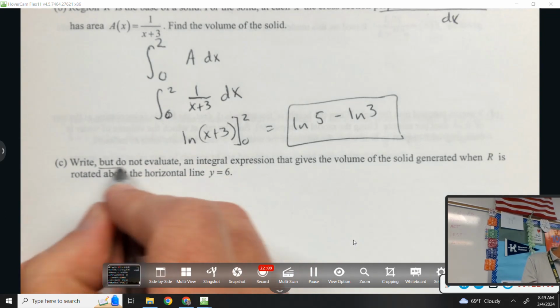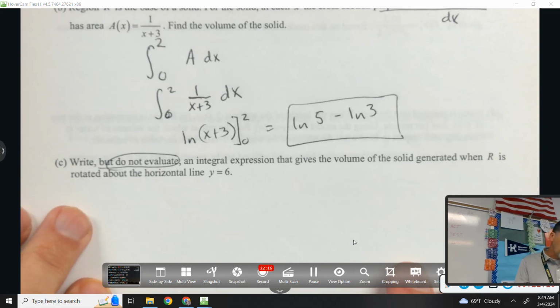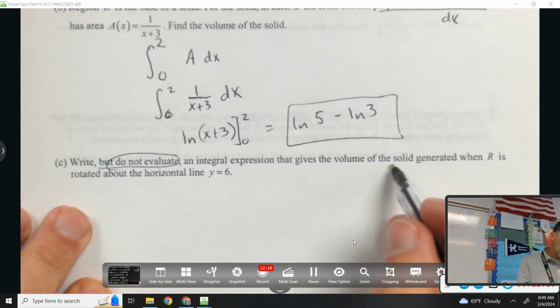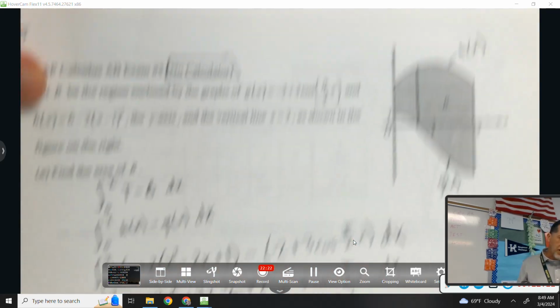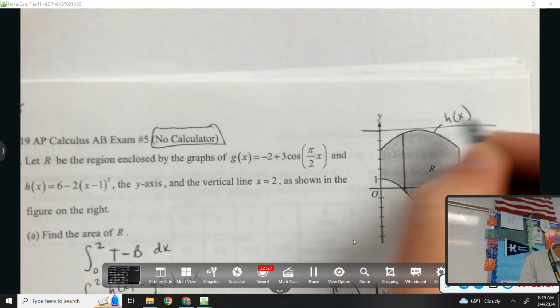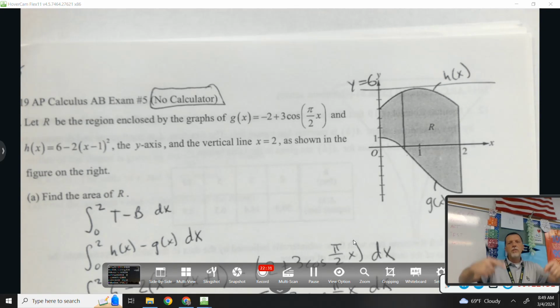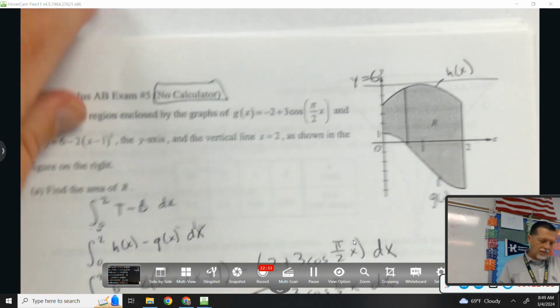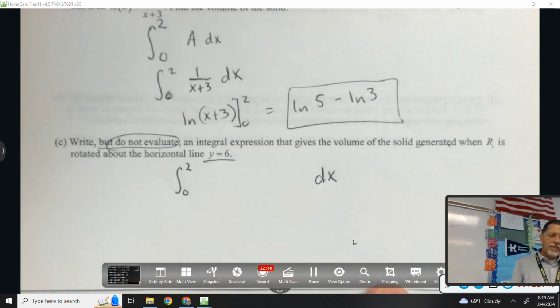Part C, write but do not evaluate an integral expression that gives the volume of the solid generated when R is rotated about the horizontal line y equals 6. 1, 2, 3, 4, 5, 6. Okay, so going this way, that means it's dx. So 0 to 2 of dx.